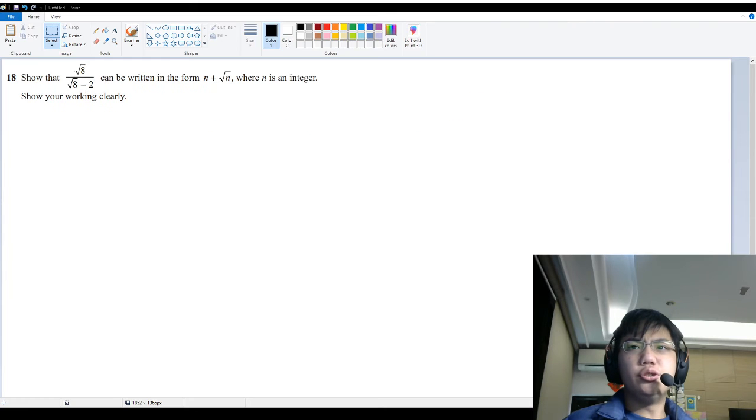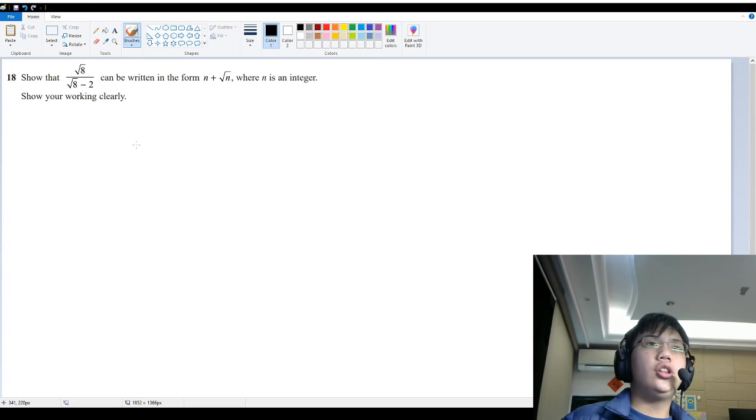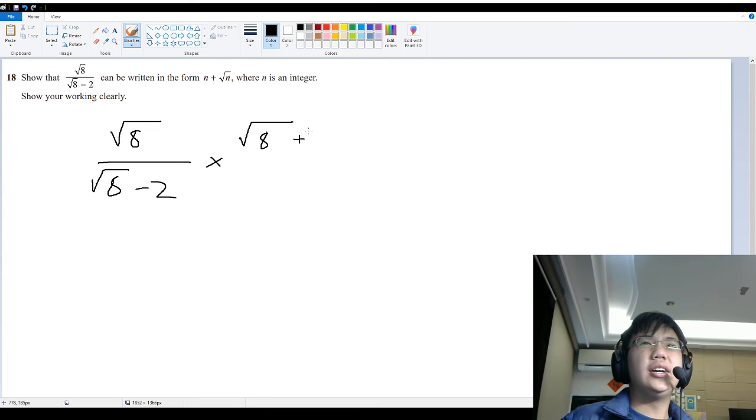So switching to MS Paint, we would calculate this by first of all rationalizing the denominator. So you multiply both the numerator and the denominator by square root of 8 plus 2.